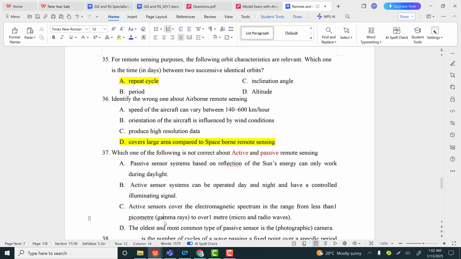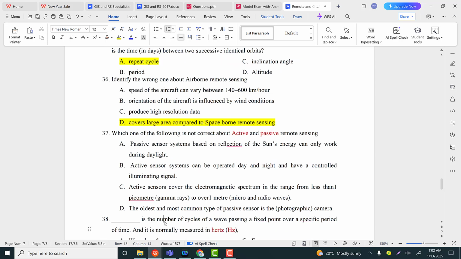C. Active sensors cover the electromagnetic spectrum in the range from less than 1 picometer, mainly gamma ray, to over 1 meter, micro and radio wave. D. The oldest and most common type of passive sensor is the photographic camera. So the answer for question 37 is C.